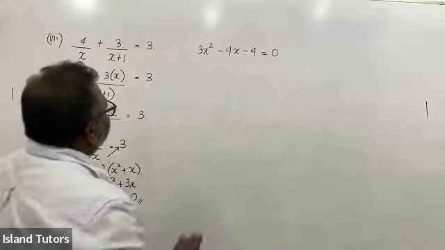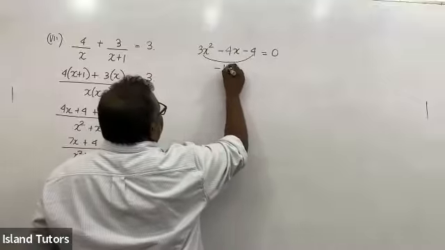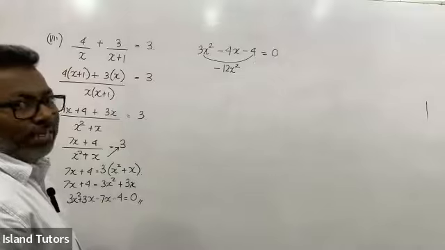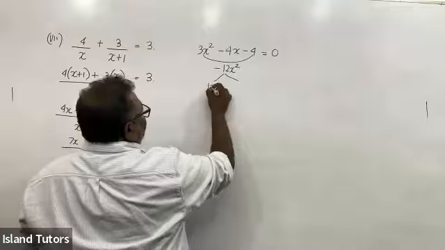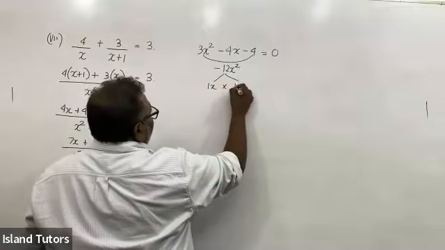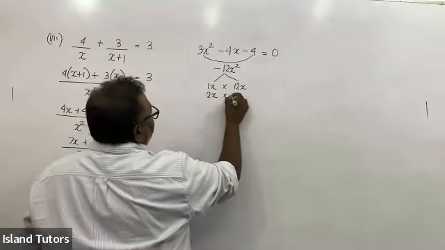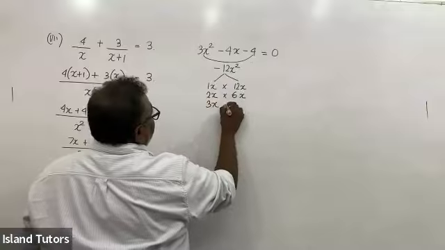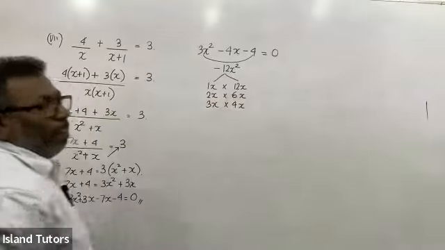So solve the quadratic. 3x squared into minus 4 is minus 12x squared. Factors of 12: 1x into 12x, 2x into 6x, 3x into 4x.